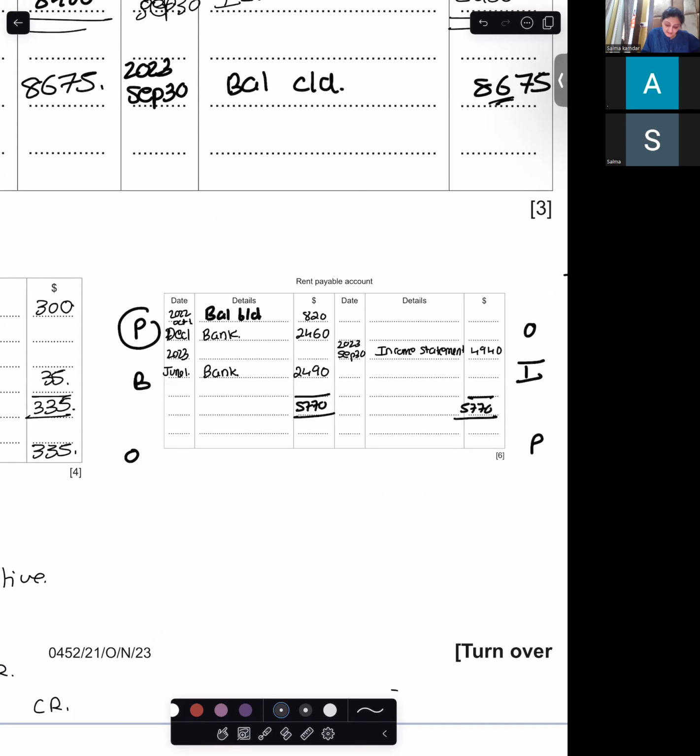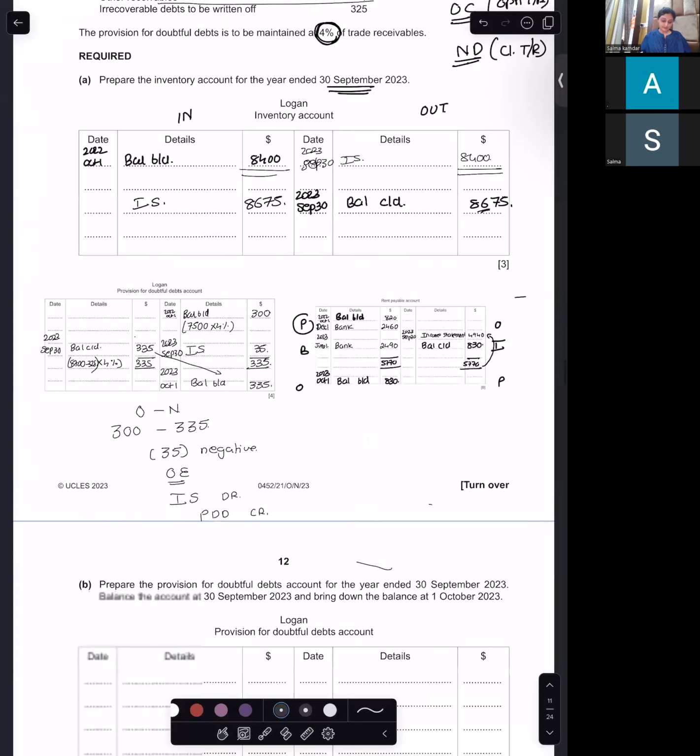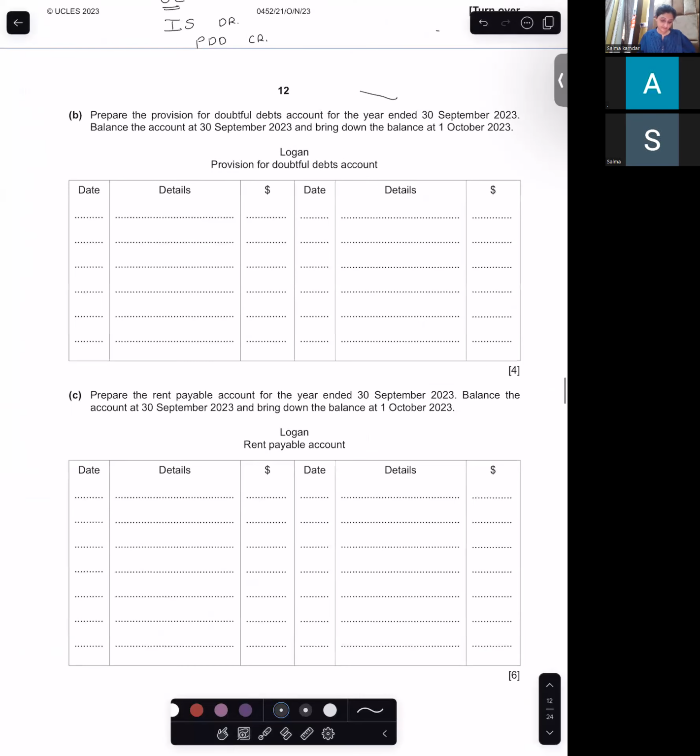So you will have the balance closed down. How much? 5770 minus 4940. It will be 830. And on October 1, 2023, this will be balance brought down 830. Yes, Miss. With me? Yeah.